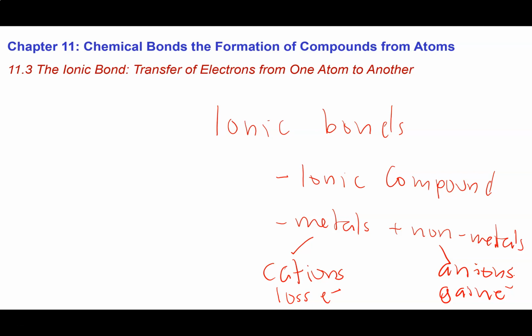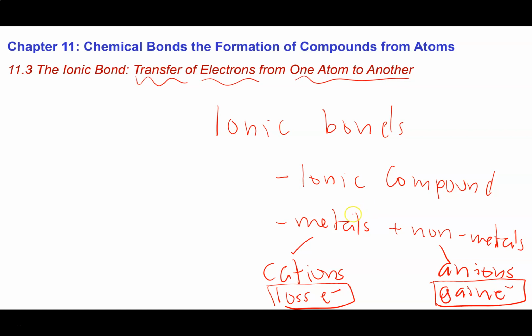electrons. So a good question is where do those electrons get lost to that the metals lose, and where do the electrons that the non-metals gain come from? Well, what you can quickly realize is that if there is a transfer of electrons from one atom to another, this would solve this problem.